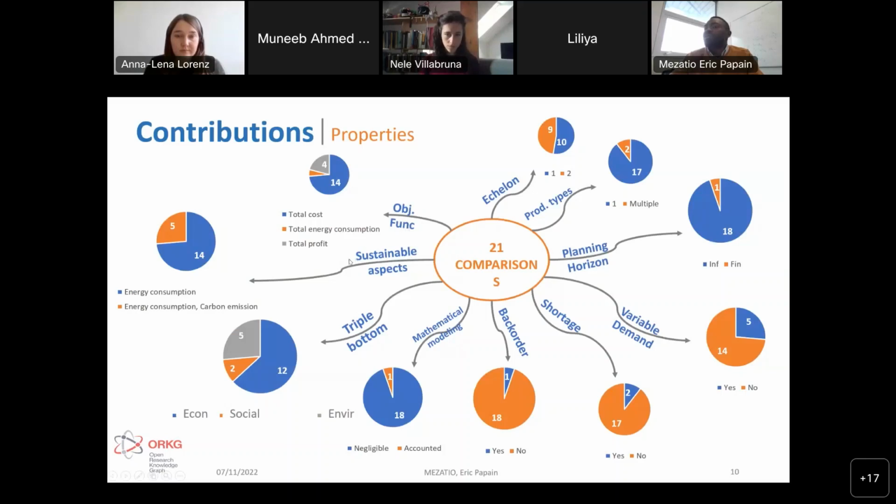For example, we tried to separate and make some study on the property concerning sustainability, the property concerning the triple bottom line, and the property concerning, for example, mathematical modeling. We tried to regroup all the papers that have the same property, and we got these 3, for example, for all our comparisons.